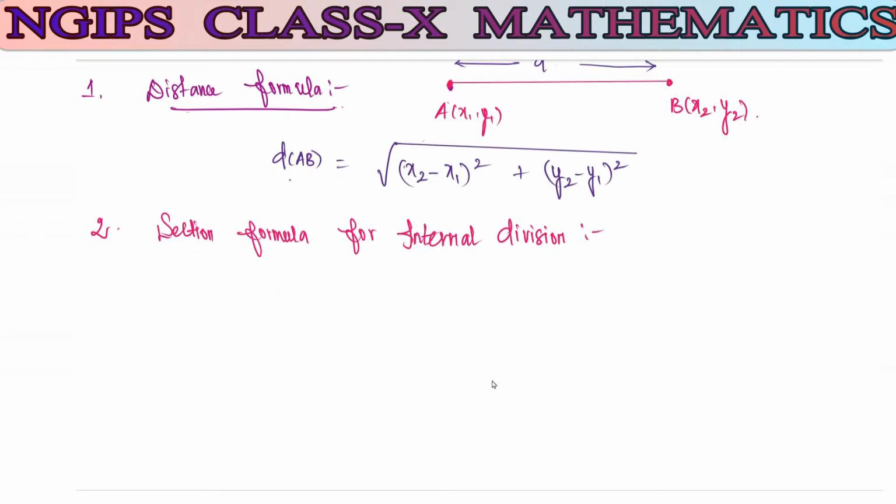Now if you look at this, first I'm going to draw the line here. Okay, now I have drawn the line. The coordinate of the point R divides the line joining the points A and B internally in the ratio m1:m2. Here first I'm going to write the points.